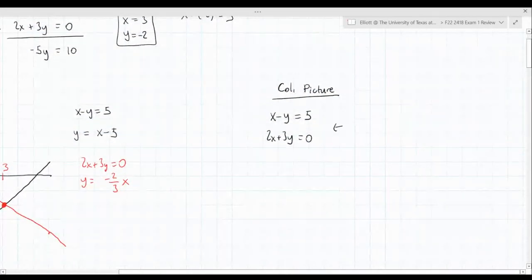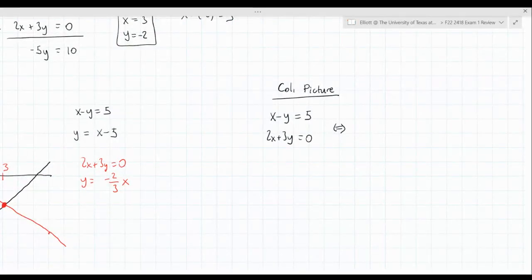Okay, so we can rewrite this system of equations as a vector equation. So we can rewrite it as x times the vector 1, 2, so 1, 2 coming from the coefficients, plus y times the vector -1, 3, equals 5 and 0, okay?